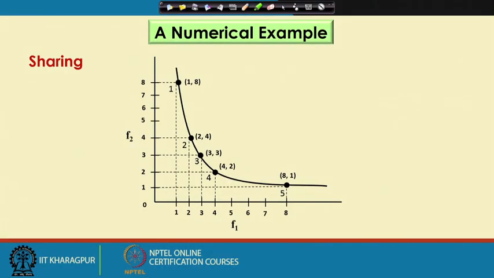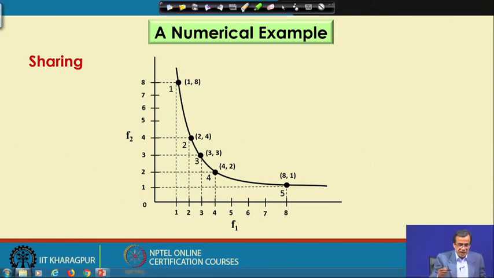Now, before I end here, let me solve one numerical example just to show you the working principle of this particular sharing function. How does it work? How to calculate the niche count value and how to find out the shared fitness values? Let me concentrate on this small numerical example.